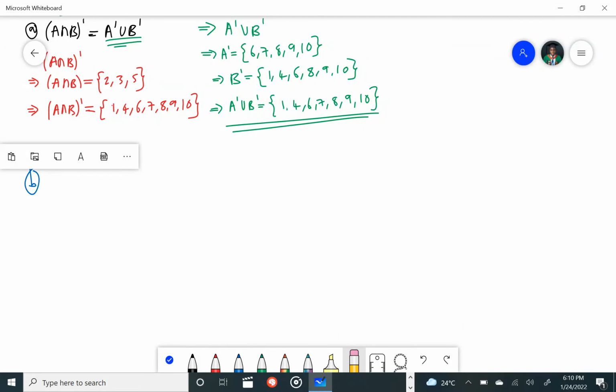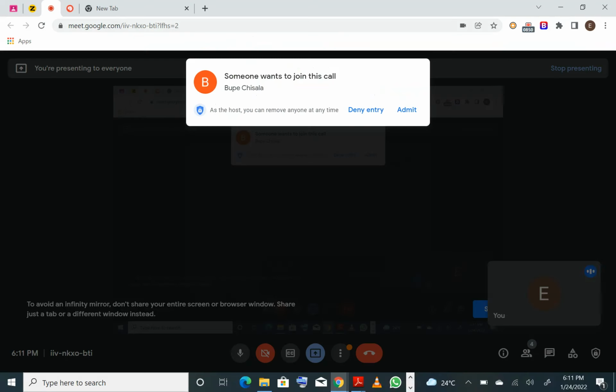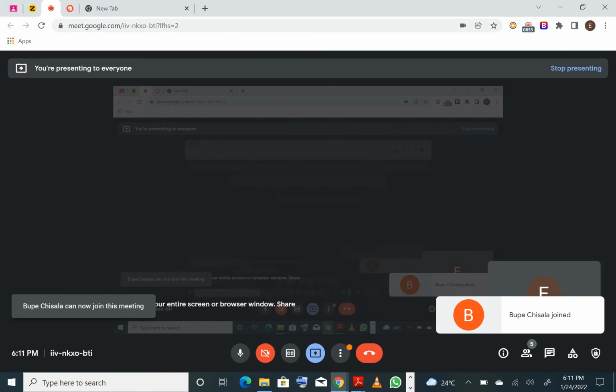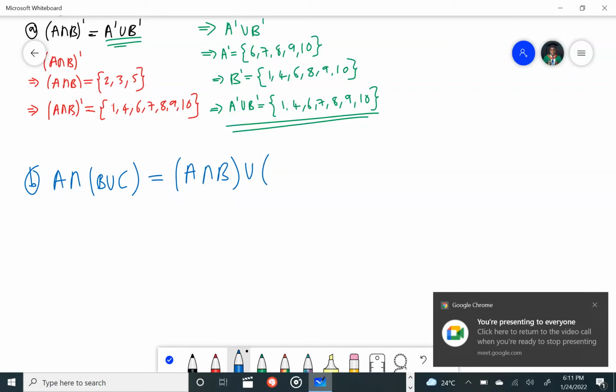So we're going to have A intersection B union C, which is equal to A intersection B union A intersection C.